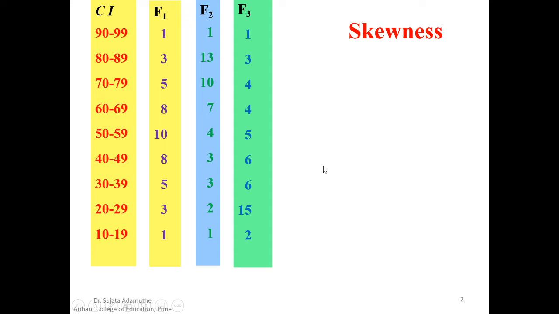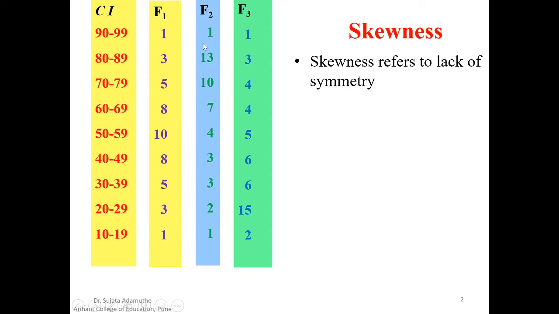Why is this? We will see. Skewness refers to lack of symmetry, right? If we observe again the frequencies of these three groups, here we will notice that there is a symmetry. Just as I said, if we draw the curve of this, it will be a normal probability curve.